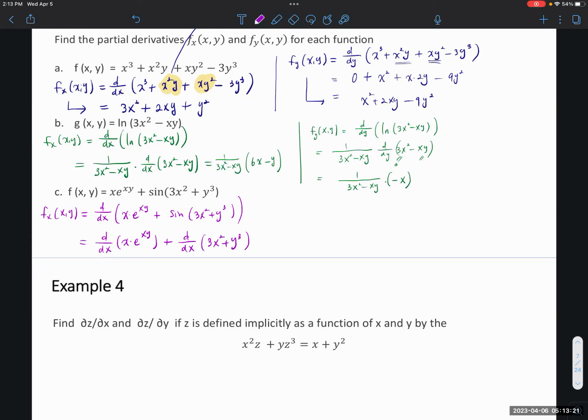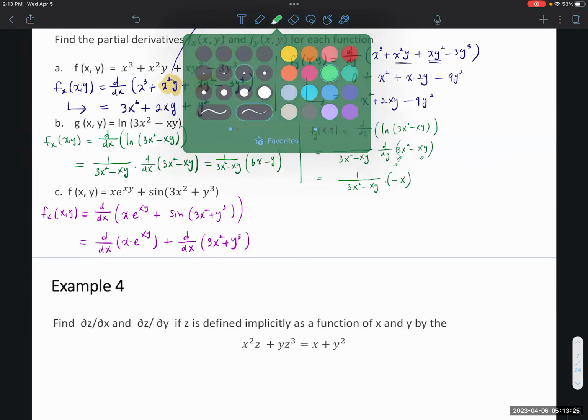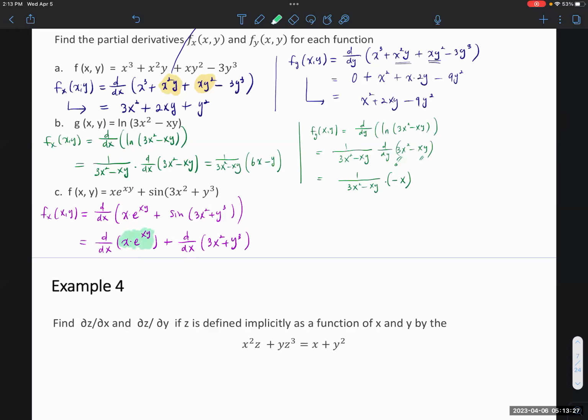And then this one, you have to be careful. Finally, the product rule, don't you remember? What was the product rule a long time ago? If you have 2 functions multiplied, f prime g plus g prime f. That's how you take the differentiation of 2 functions multiplied. So we're going to apply this.